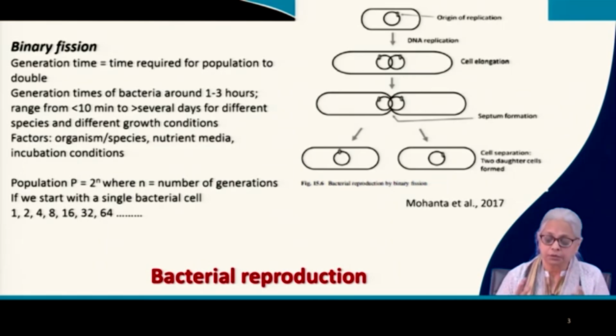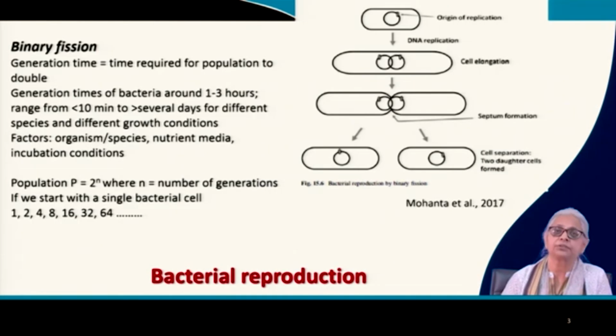If we want to put it in mathematical form, you can say population P. We use different terms in different textbooks. You'll find different terms. Sometimes the population of the bacterial species is shown as capital N, sometimes by capital P, and sometimes if you're measuring it in terms of biomass, it's shown as X. So all of these symbols are acceptable.